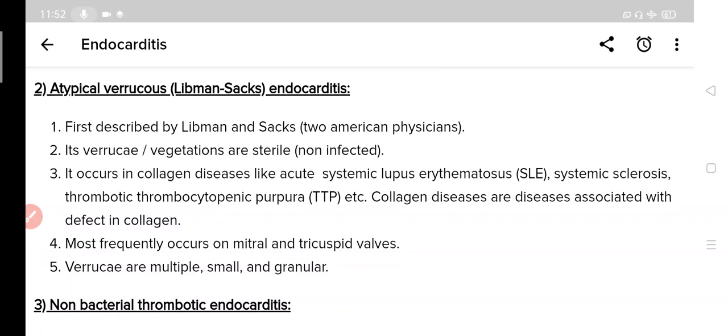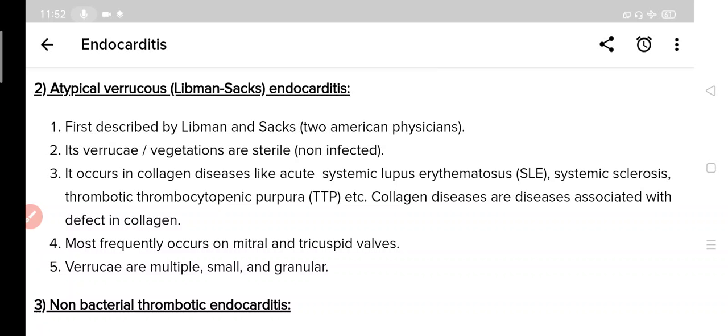This is the characteristic feature, that this type of endocarditis occurs in collagen diseases like acute systemic lupus erythematosus, also known as SLE, systemic sclerosis, thrombotic thrombocytopenic purpura, TTP, etc. And what is collagen disease?